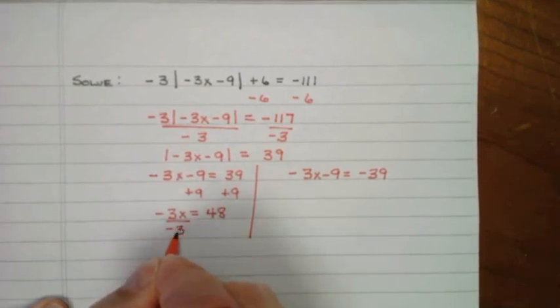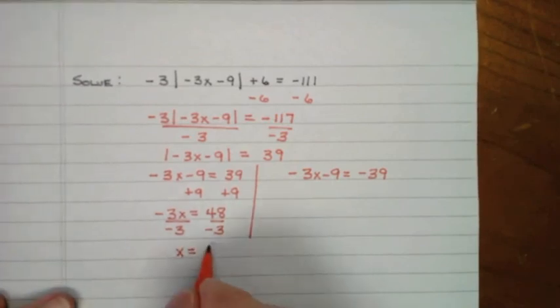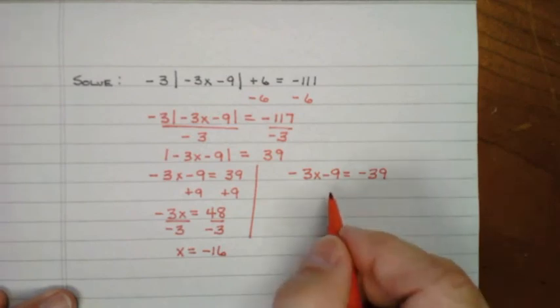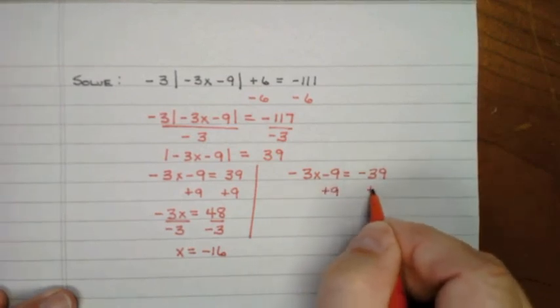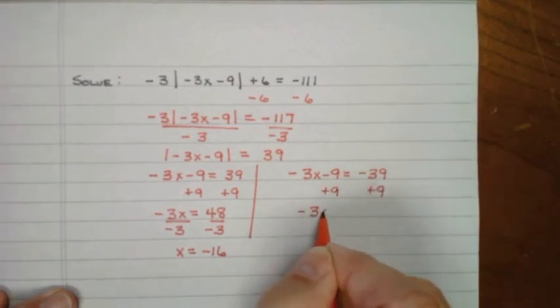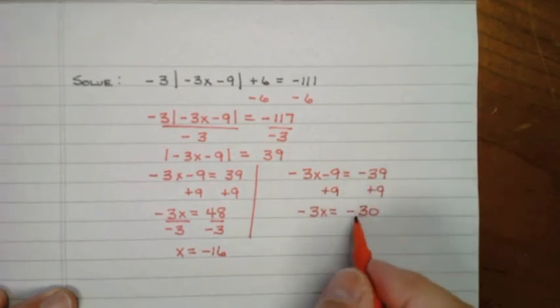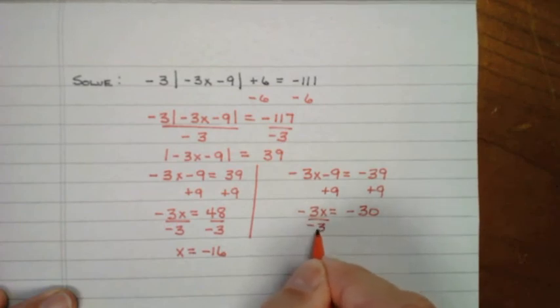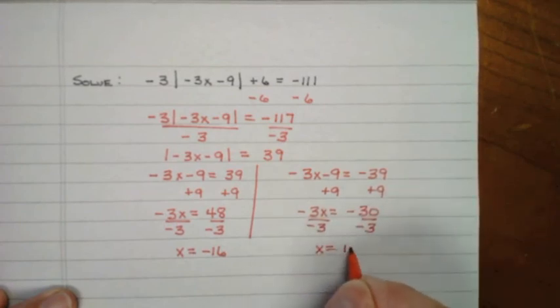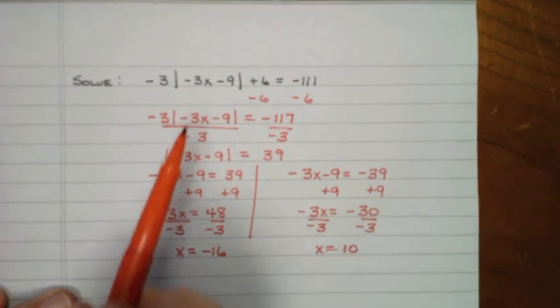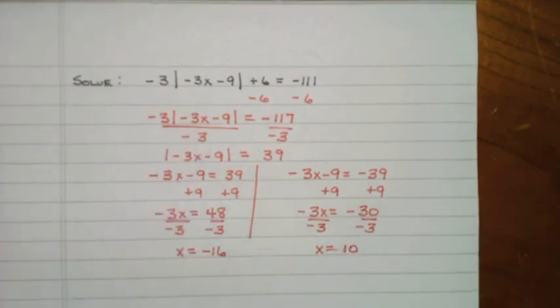Divide both sides by negative 3. Negative 16. Add 9 to both sides over here. Negative 39 plus 9 is negative 30. Divide both sides by negative 3. Negative divided by negative is a positive. These are my two answers for this absolute value equation.